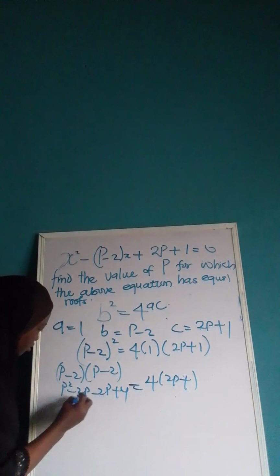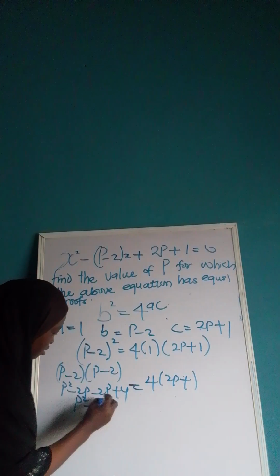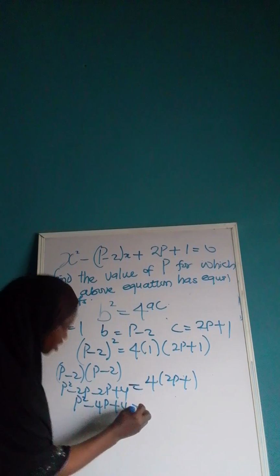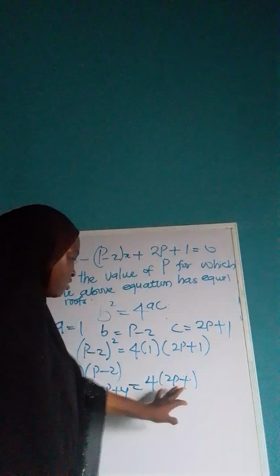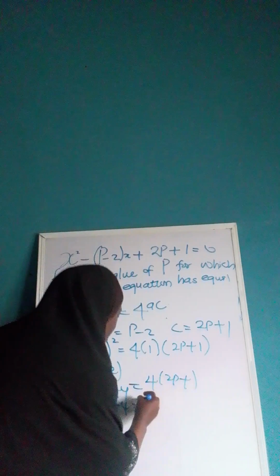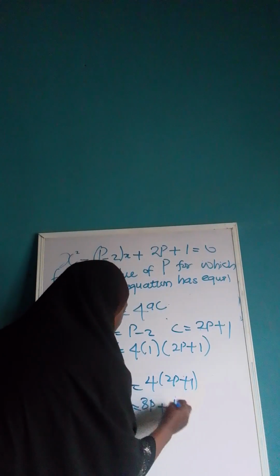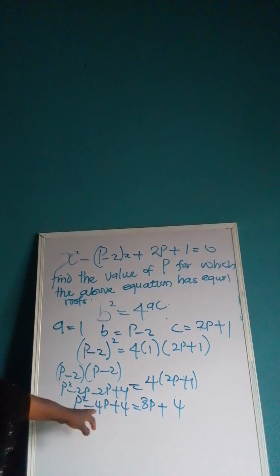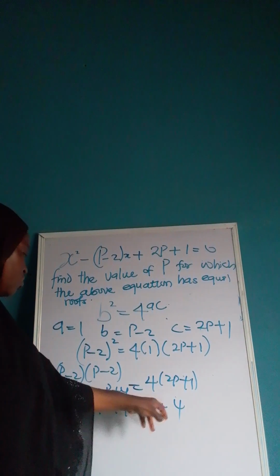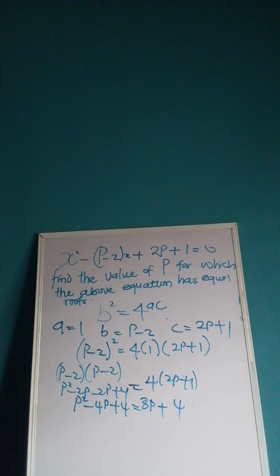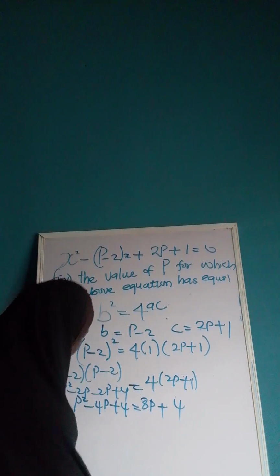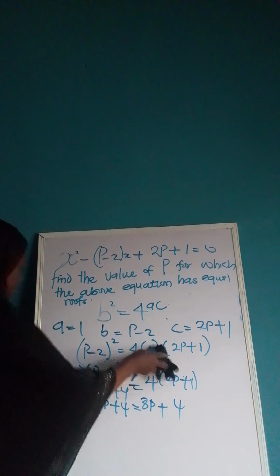So we now have p squared minus 4p plus 4 equals, expanding this bracket, 4 times 2p is 8p, and 4 times 1 is 4. So p squared minus 4p plus 4 is equal to 8p plus 4. The next thing is to collect the like terms.